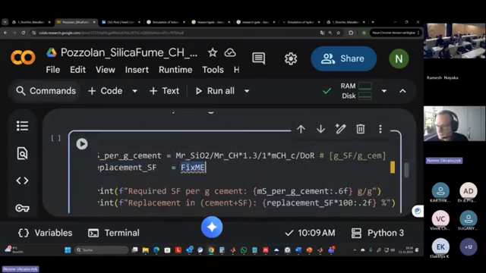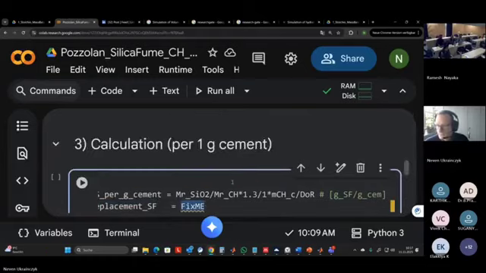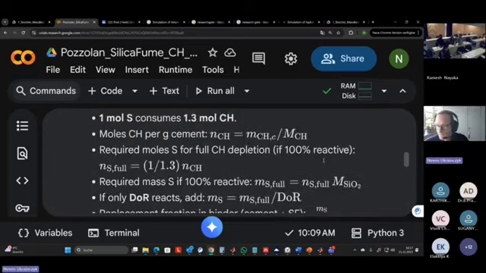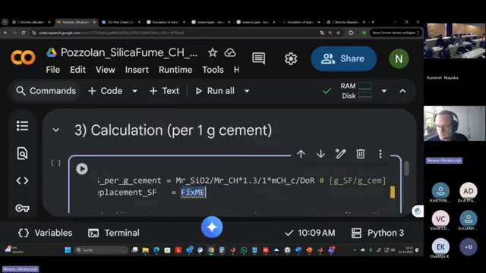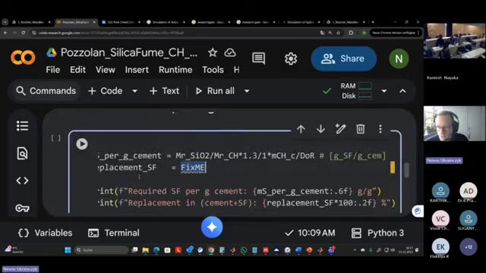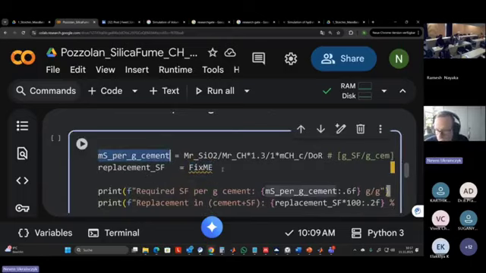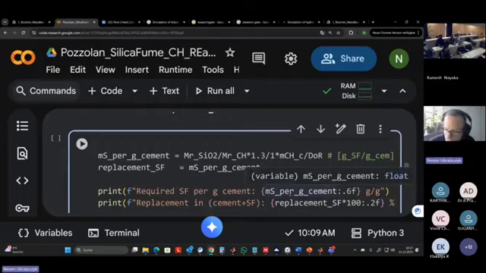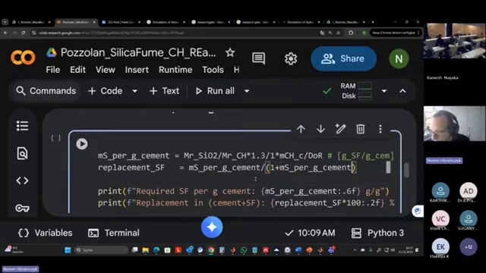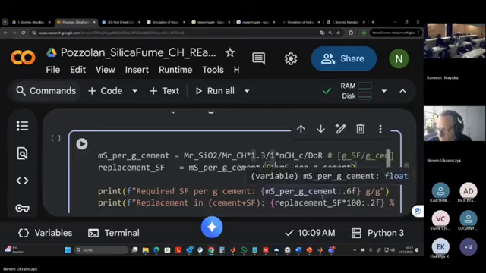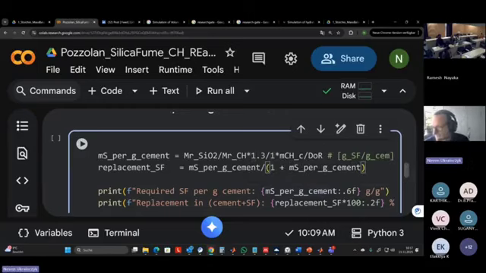So this then we can also write what is the mass of silica fume, exactly what we calculated here. So it's this mass of silica fume per gram of cement divided by 1 plus mass of silica fume, exactly.